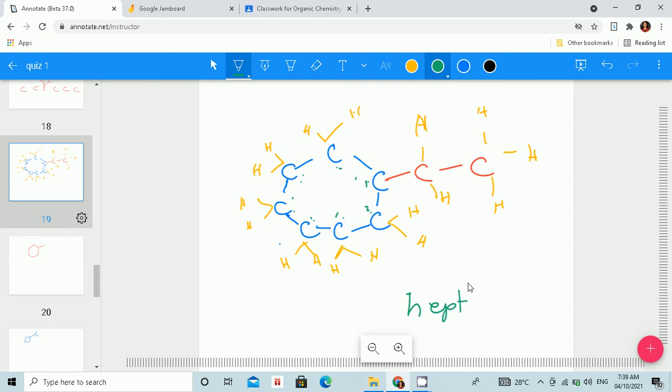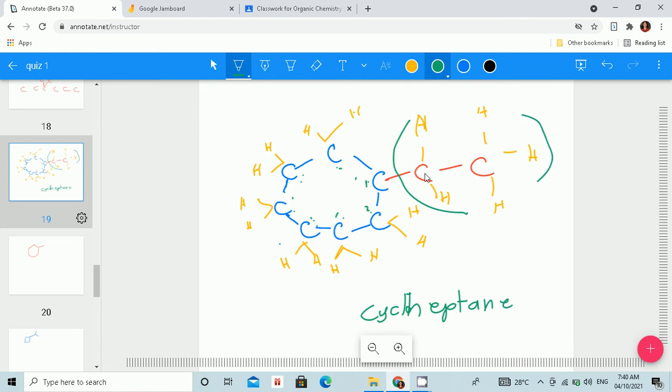Hept, and ane because no double bonds, only single bonds. And because this is a cyclic structure, we are going to name this as cycloheptane.